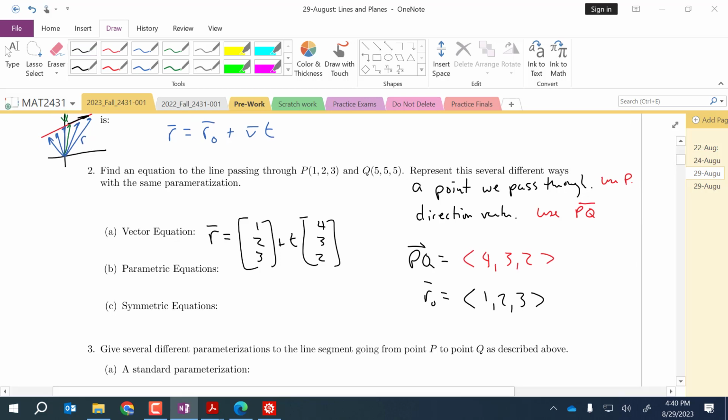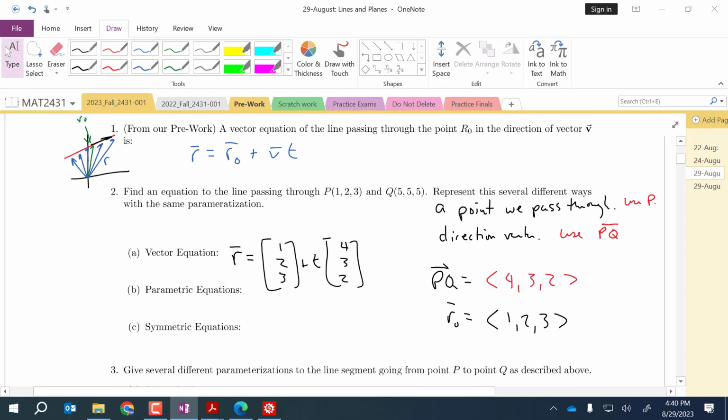So what I want you to see is that this would be some initial position vector, like this R naught right here. Does everyone see that? Okay. And then here we've got a direction vector, like this black vector that I've drawn right here. Okay. When I add together the green and the black vector, I get a new vector whose tip corresponds to a point on the line, right? But that would just be one of them.